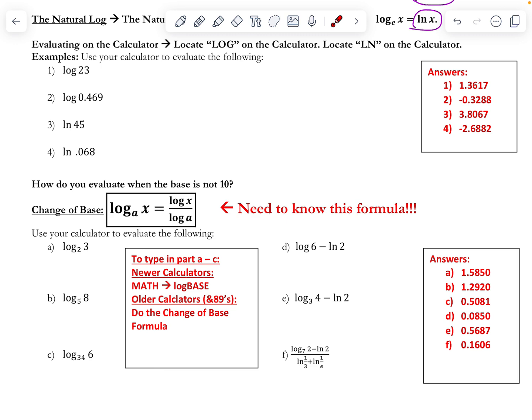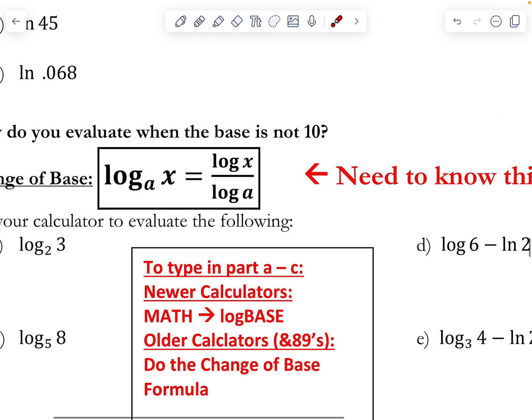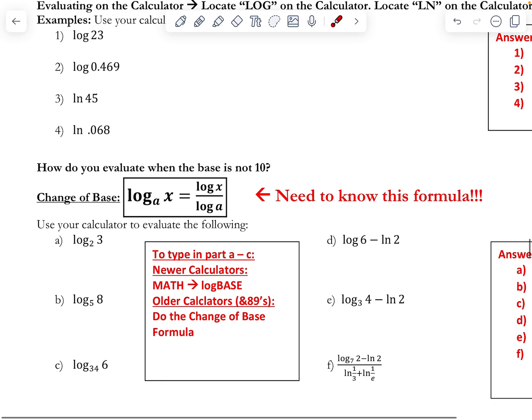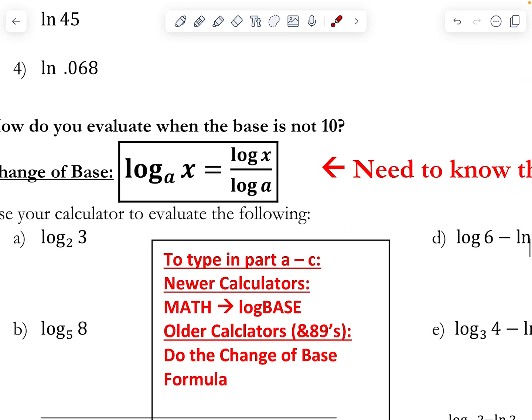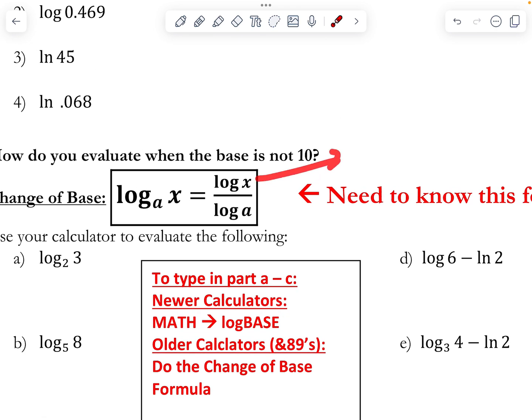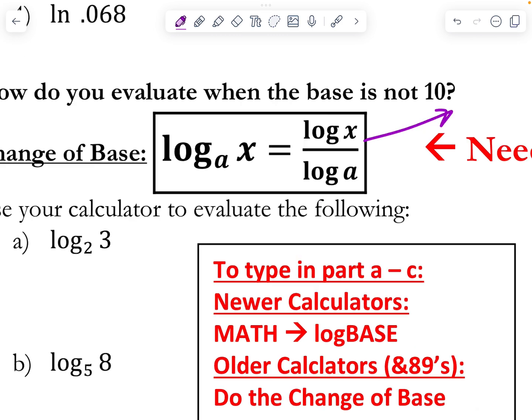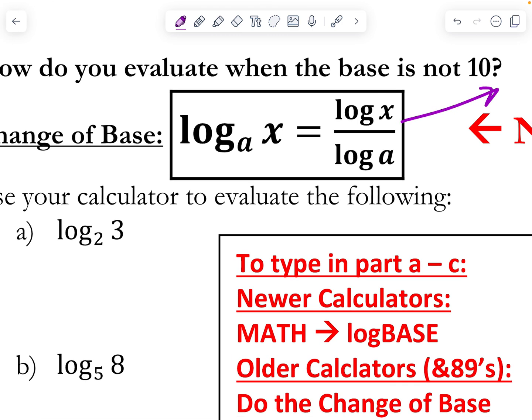We have what's called the change of base formula. Now, the change of base formula, you need to know this. You can enter this in both of your calculators, but you still need to know that log base A of x, you write as log of x over log of A. And I want you to realize that this is the same as if I have the natural log.